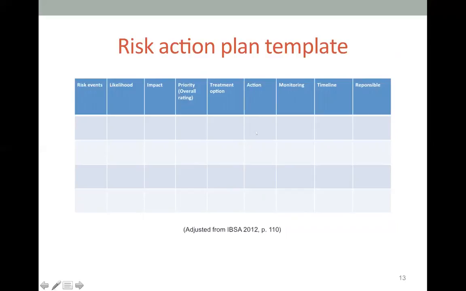And this is our action plan and how we monitor that, on what basis we monitor that, and this is the timeline to complete that action and who is responsible for it. Okay, so that's the action plan that we incorporate into the risk register table.